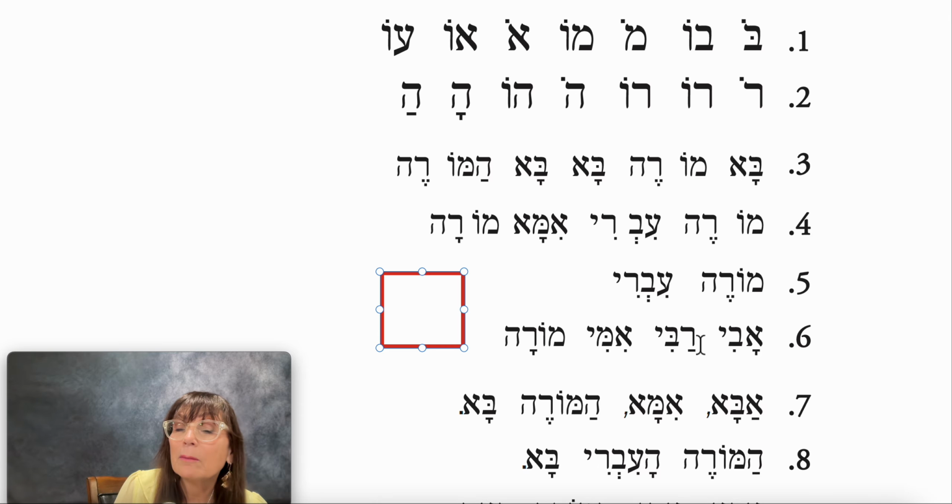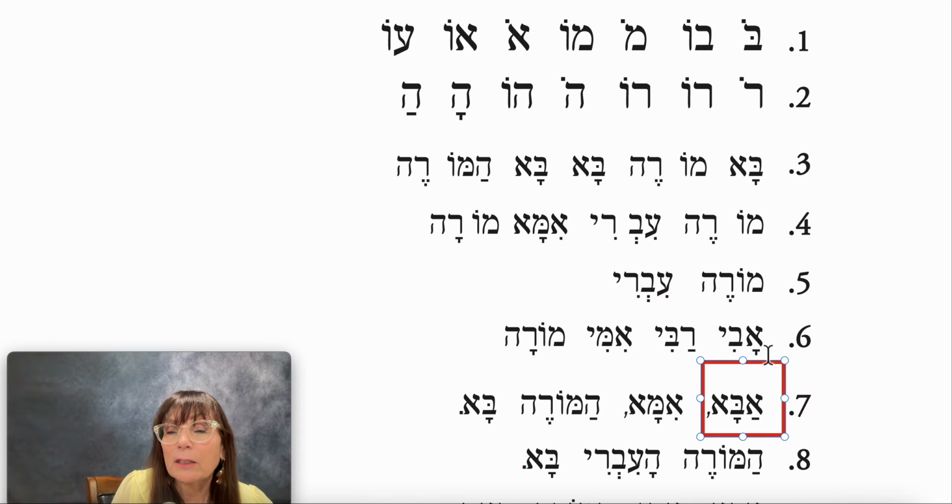So avi rabbi is my father is a rabbi, and imi is my mother. And then is understood, and mora is either teacher or a teacher. So imi, mora, my mother is a teacher. So my father is a rabbi and my mother is a teacher. So that's what that sentence is.